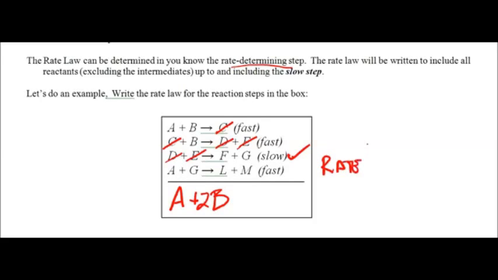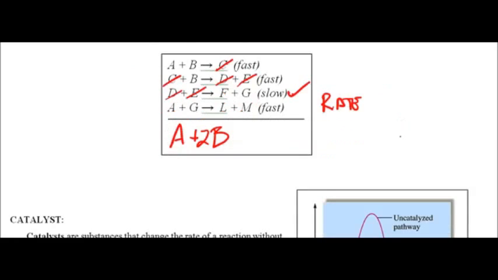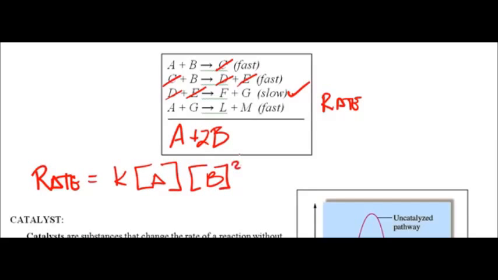Rate is equal to k, whatever k is. We don't know what k is yet. Since I have 1 A, that is a first order reactant, and I have 2 B's, that is a second order reactant. So my rate law is right here.